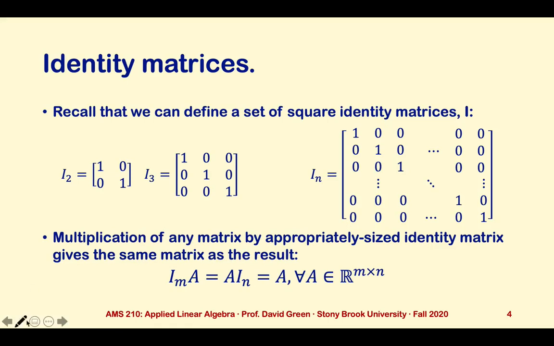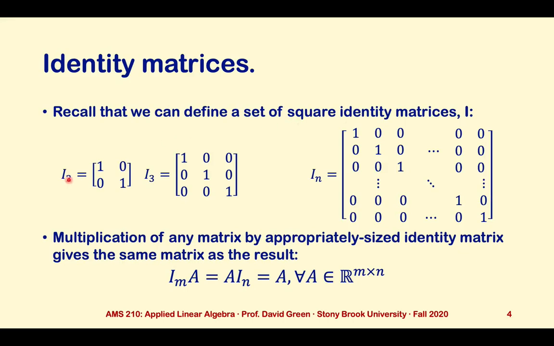If you remember, we can define a set of square identity matrices, one of every size. And these identity matrices have 1 for every element on the diagonal and zeros everywhere else. We can do this for a 2x2, a 3x3, a 4x4, or any size.